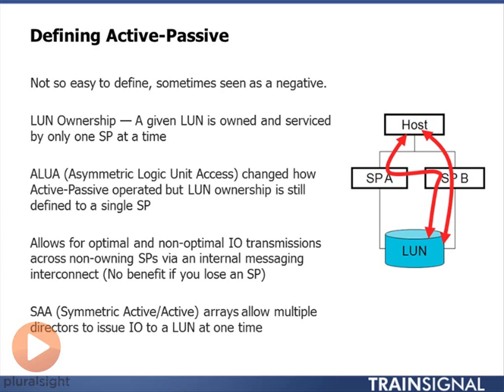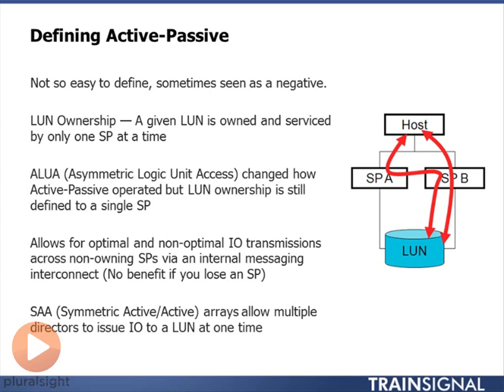It's not common for you to have all your LUNs sitting on a single SP. Usually it's balanced across your SPs. So if you lose a single SP, now you're at 50% performance, right? That's not common on the higher-end arrays, so it does sometimes get seen as a negative.